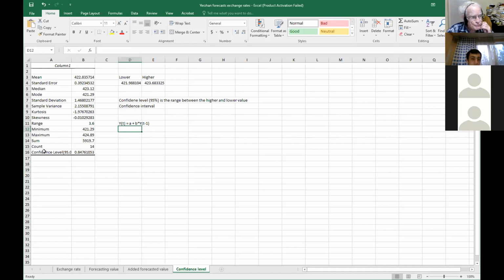Your confidence level over here refers to like T minus 1, but that's not what we want to know. We want to know how much fluctuation, how much oscillation there is in the coefficient. The coefficient is a random variable that differs from one sample to another.